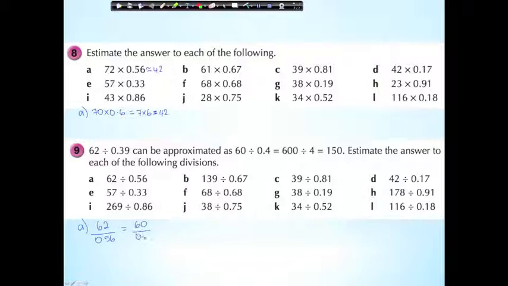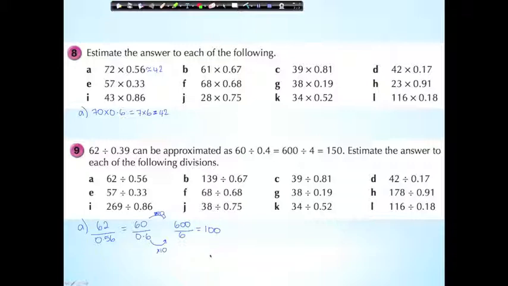Okay, I don't want to have a decimal on the bottom, so I'm going to multiply this by 10. If I multiply it by 10, I have to multiply the top number by 10 as well, to keep the answer the same. So whatever I do to the top, I have to do to the bottom. So I've actually got 600 divided by 6. So how many 6's go into 600? It's going to be 100. Okay, so that's the answer to the first one.